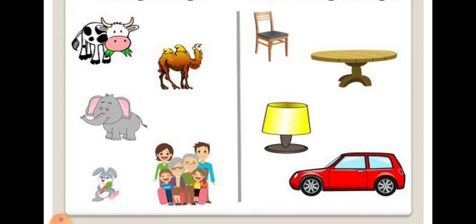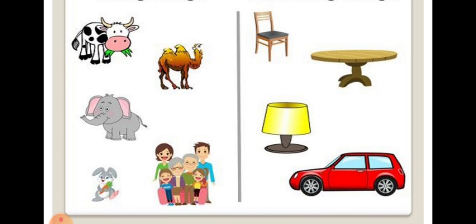Basically we say living organisms move, non-living organisms do not move, but this is not actually true, because if you look at plants, every plant is not moving, but they are still living. Why? Because these life processes take place inside plants also.